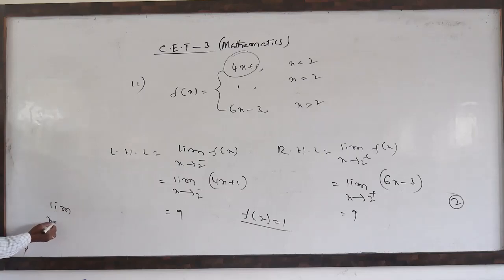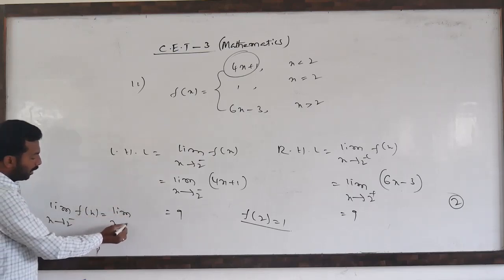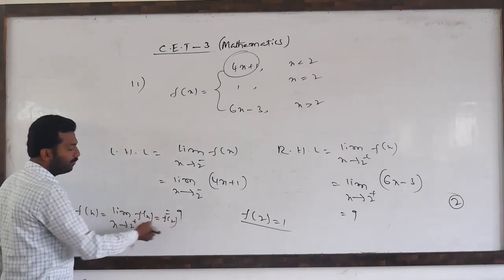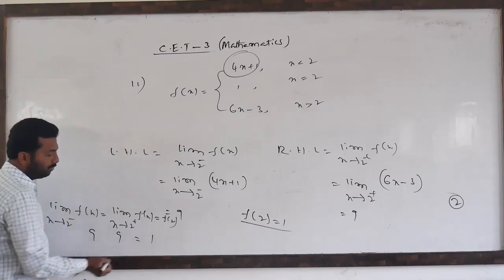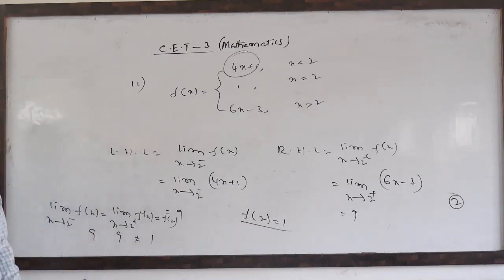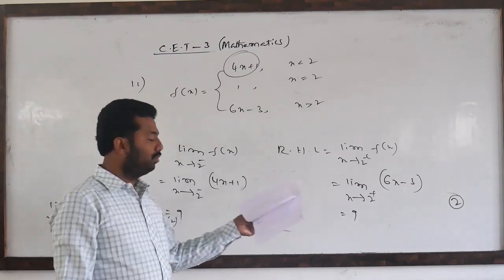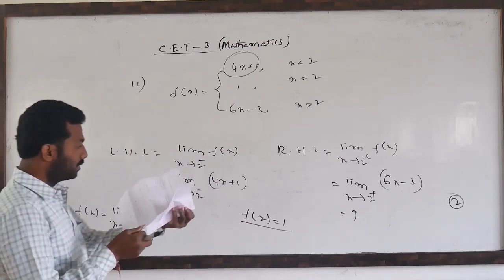Limit x tends to 2 minus f of x equals limit x tends to 2 plus f of x equals f of 2. Here we got 9, but f of 2 is only 1. So these two may be equal, but this is not equal to f of 2. So f of x is discontinuous at x equal to 2, and we write the answer as the second option.